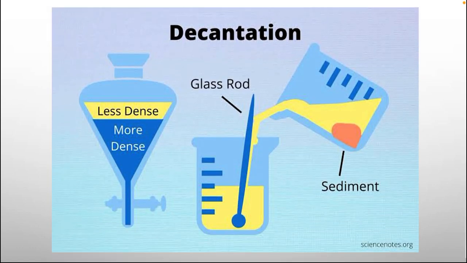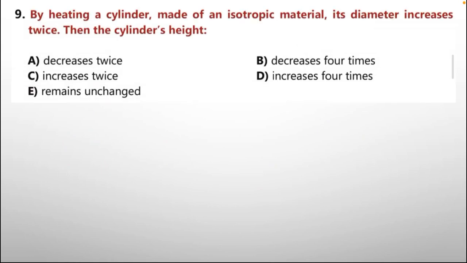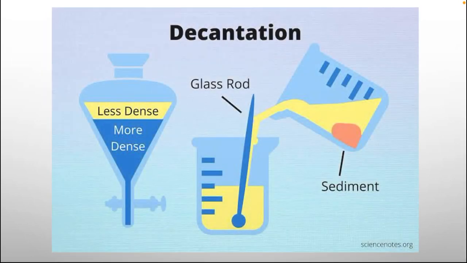Decantation is actually this: when less dense and more dense components are mixed, the heavier one will settle down, and the less dense one we can take into another beaker. This process is called decantation. And then after crystallization we will get the salt.